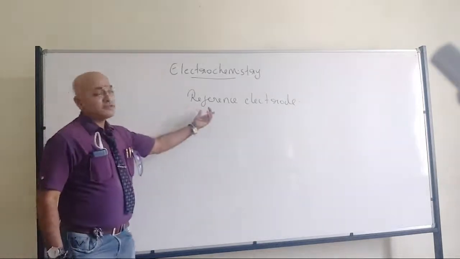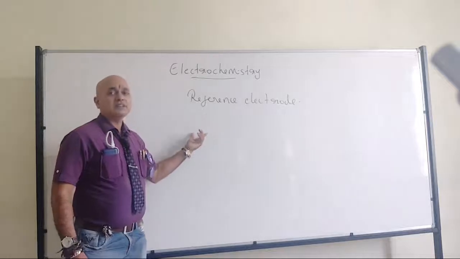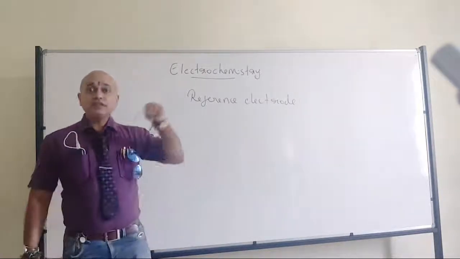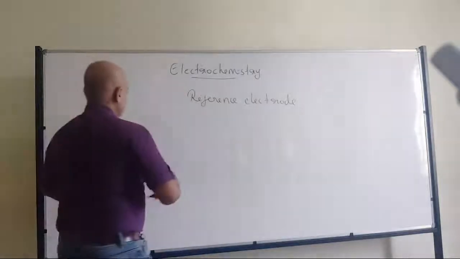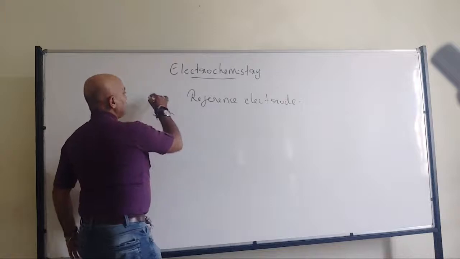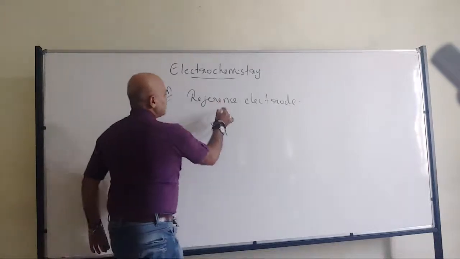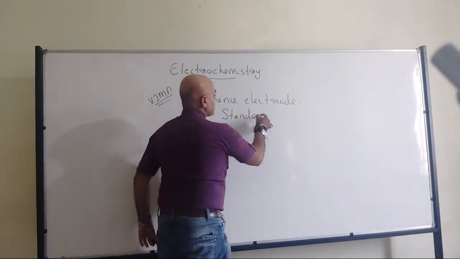With respect to the reference electrode, it will occupy one half cell, and the other half cell is the one for which we calculate the reducing potential. Very simple, I will explain it. Before that, the very important reference electrode is the standard hydrogen electrode.